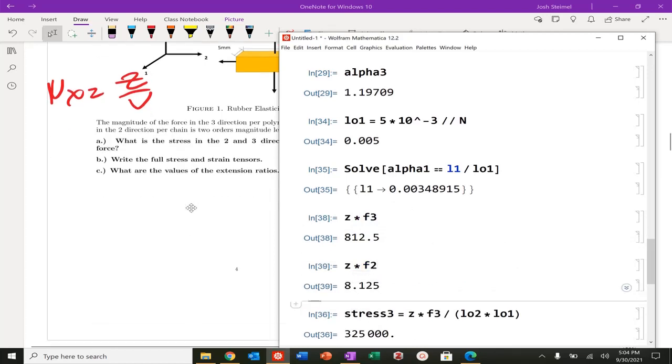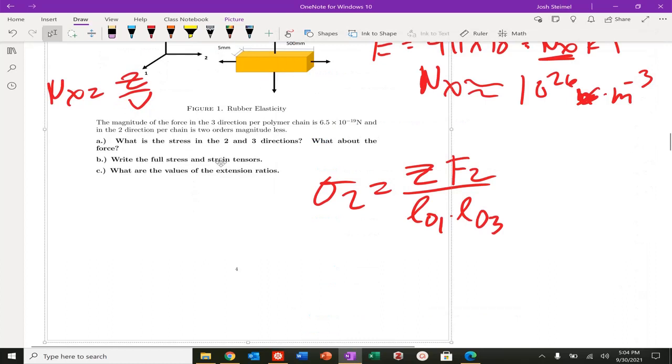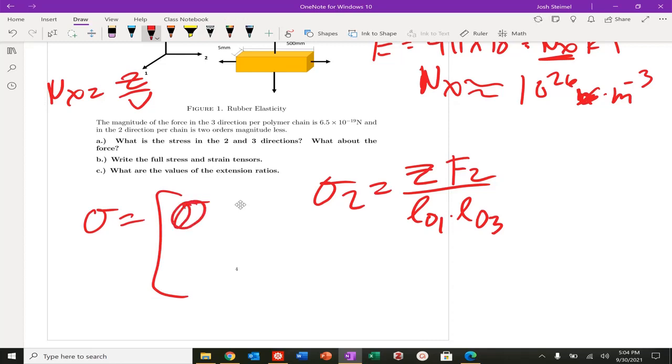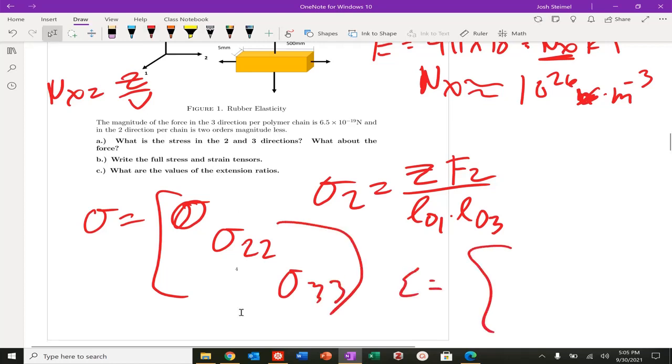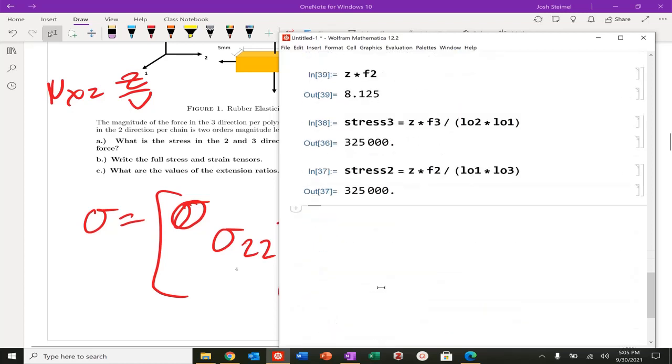Now, write the full stress and strain tensors. In this problem, for my stress tensor, there's no stress in the 1 direction, only stress in the 2, 2, which is my 2 direction, and 3, 3. So we have those values. For strain, we now need to look at our alphas. If I look at L3 minus L3 naught, my strain in the 3, 3 would just be this divided by L3 naught.